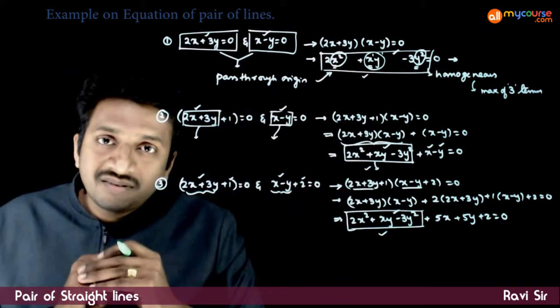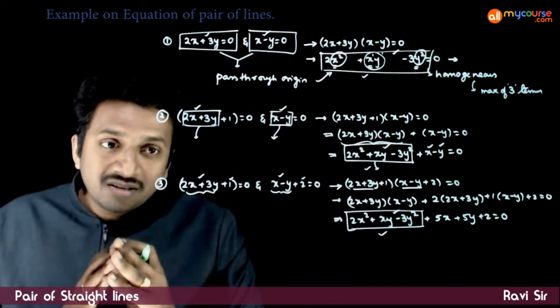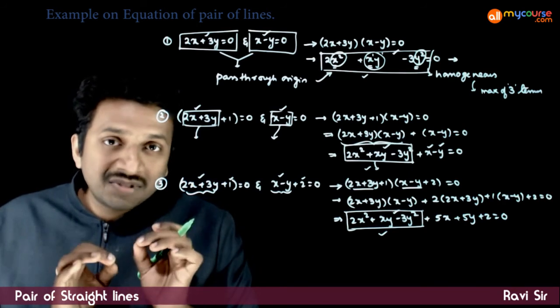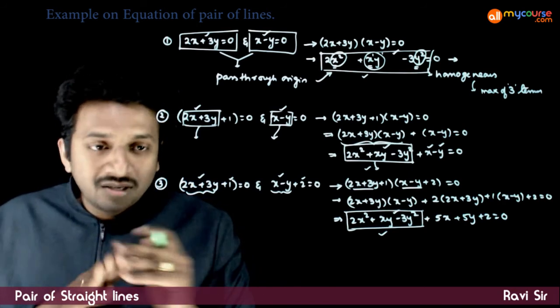So I hope you have understood how to find the equation of a pair of lines if the lines are given. So let us take another example to show what you should not do. Sometimes some students tend to get it wrong.